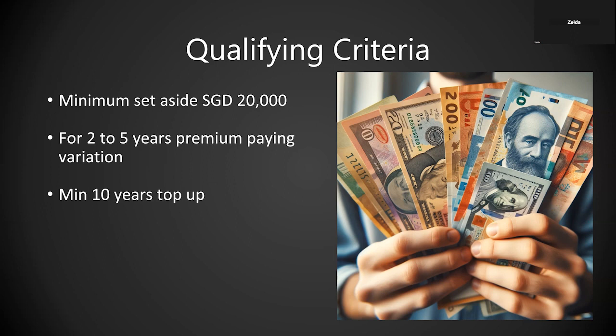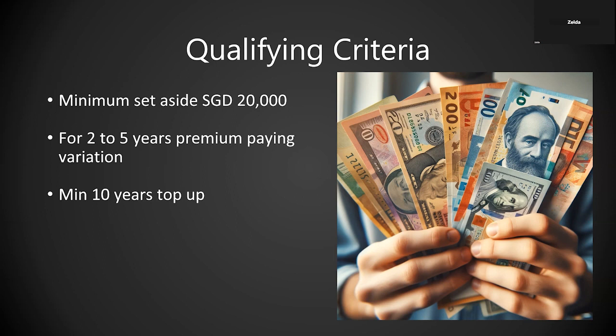But because we apply this dividend income planning every month, even with a 13-year premium term, if we are tight on budget we can minimum still set aside at least 20,000 SGD.